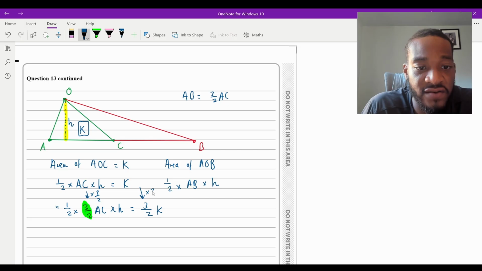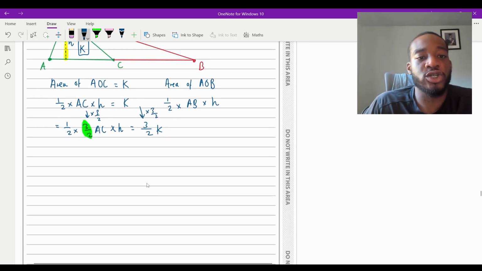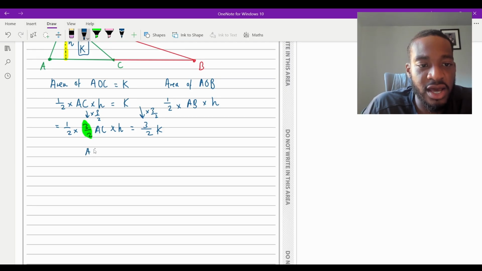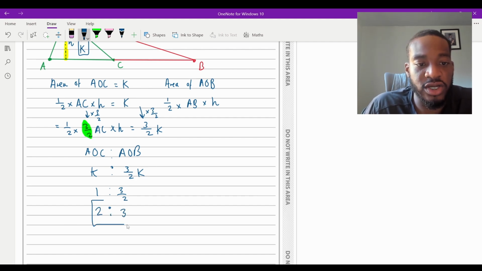Because I'm going to times that by 3/2 as well. Meaning that the ratios are just going to be AOC to AOB. The area of AOC we said was K. We know the area of AOB is 3/2 K. Now tidying this up, I can divide by K, 1 to 3/2. And if I times by 2, I get 2 to 3. So therefore, the ratio is 2 to 3.